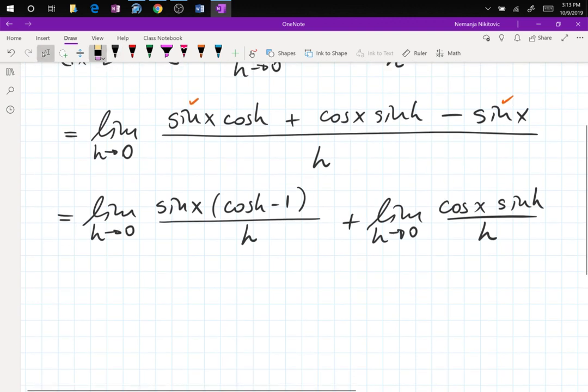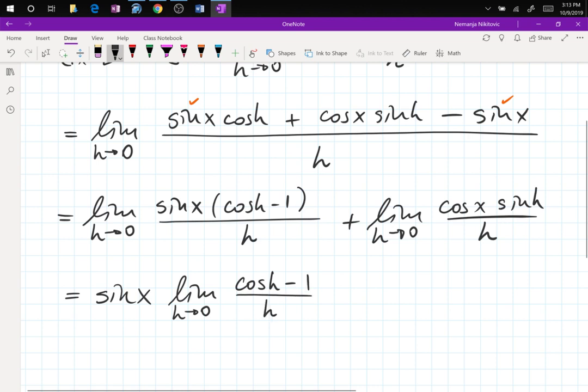Now the limit is sending h to 0, which means x is not considered as a variable, it's considered as a constant in the eyes of the limit. So you can kick out sine x and then just have the limit h goes to 0 of cosine h minus 1 divided by h.